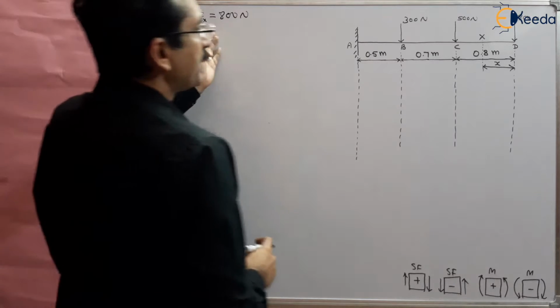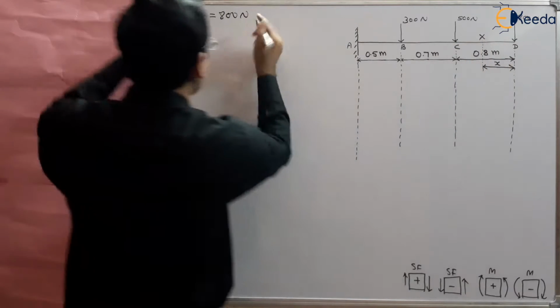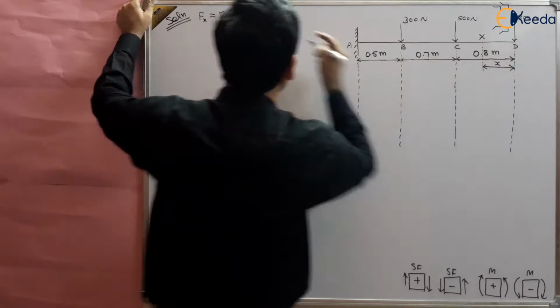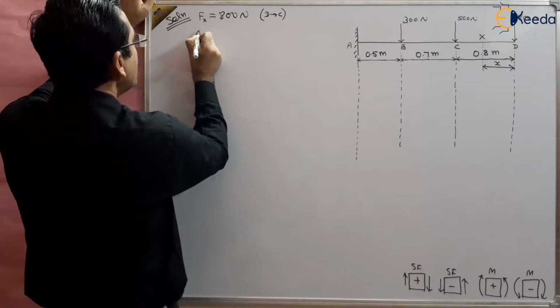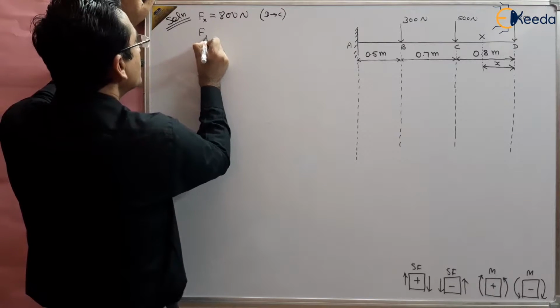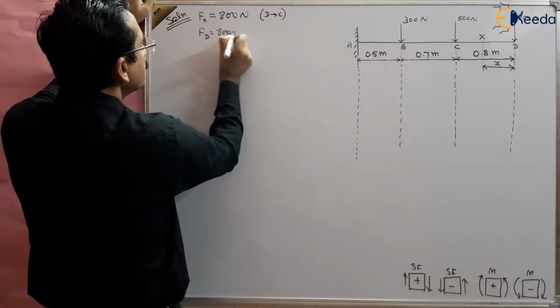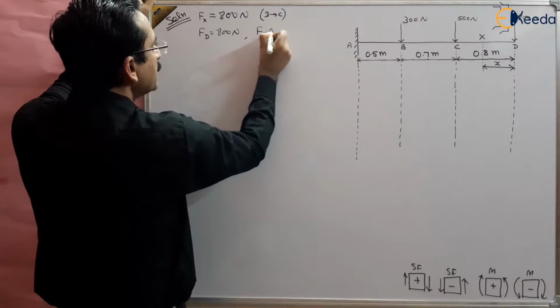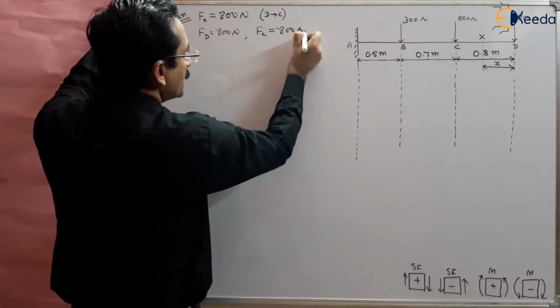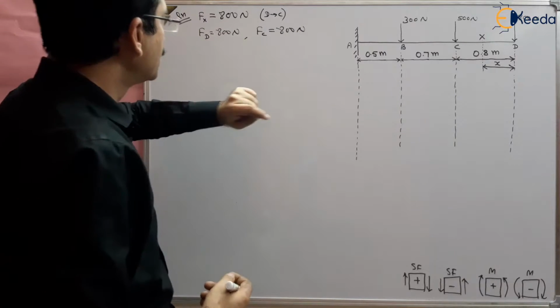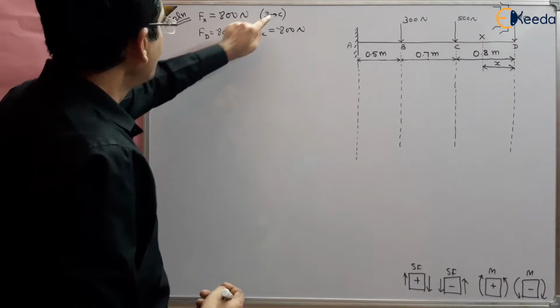So this will remain uniform throughout this section, and will be valid from D to C. The force at D will be 800, and the force at C will again be 800. So it is 800 Newton positive from D to C.